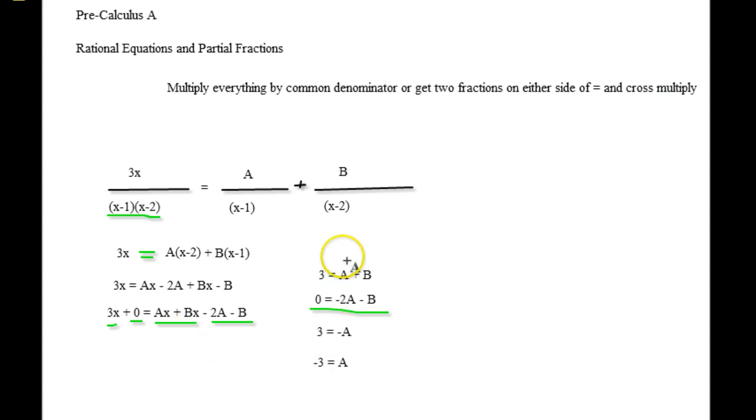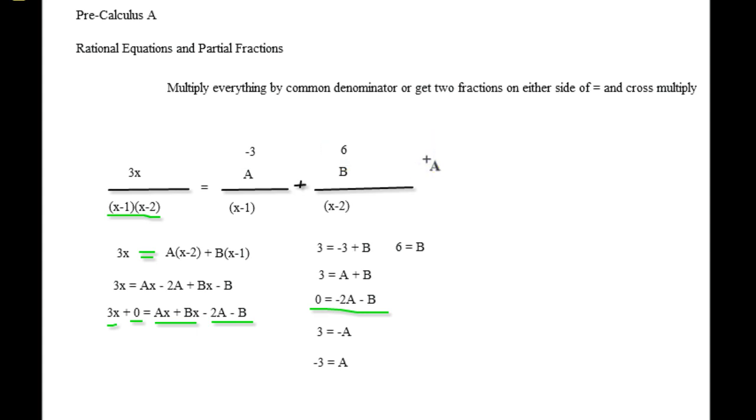Now that I know A, I would set it up as 3 equals negative 3 plus B, and then solve it, and I would get 6 equals B. So what I've actually done is figured out the two variables that go here: negative 3 goes here, and 6 goes here.